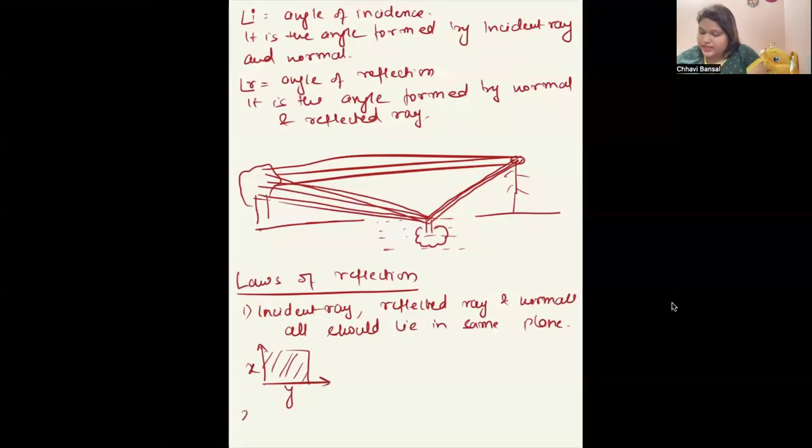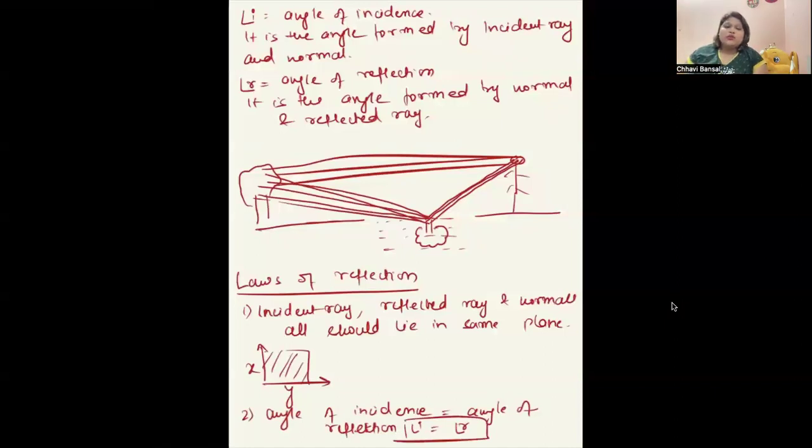Okay? Second is the angle of incidence is equal to the angle of reflection. Means angle I is equal to angle R. If there is a reflection, angle I will always be equal to angle R. These are the two laws of reflection. First is that the incident ray and reflected ray, as well as the normal, should lie in the same plane. For example, this is one plane.